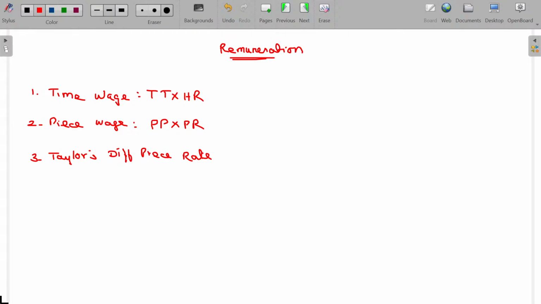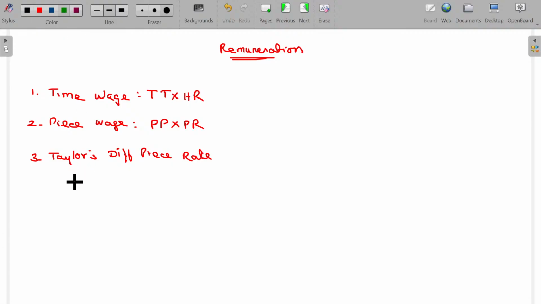Clear? So, as per Taylor's differential piece rate system, on the piece rate you calculate, based on his performance rating, an incentive or penalty will be levied. That's how Taylor recommended it.